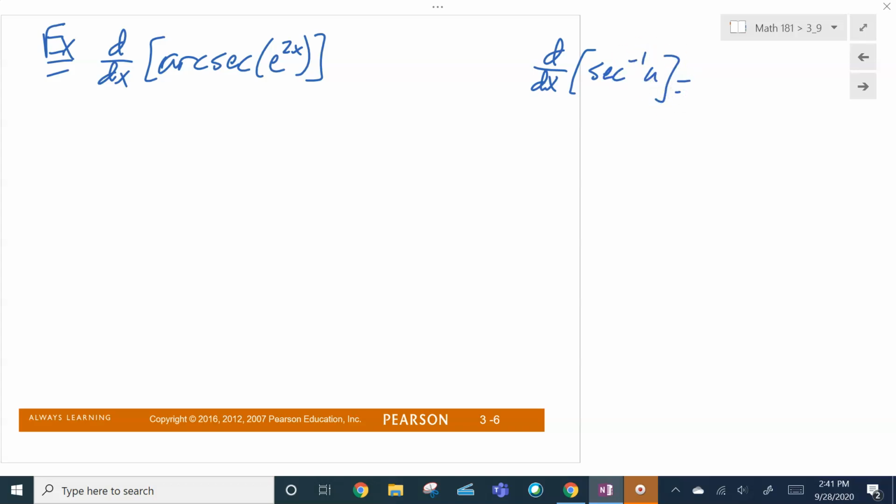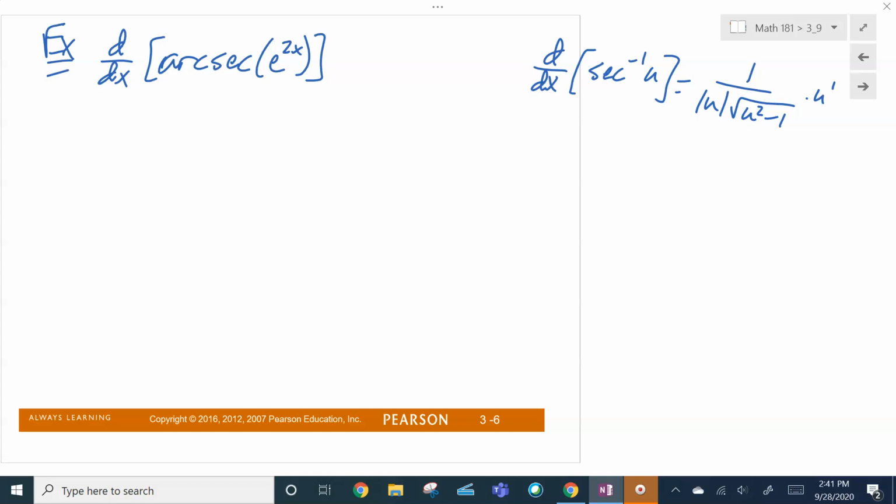So I look on my list, and it's 1 over absolute value of u times the square root of u squared minus 1 times chain rule derivative of u. This is where the absolute value of u is greater than 1.